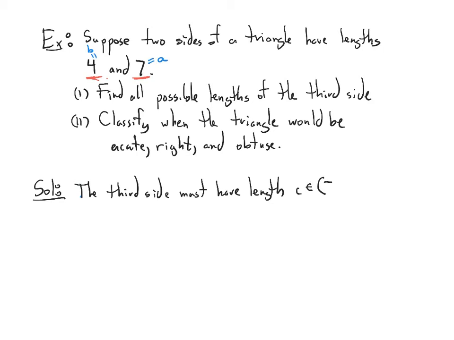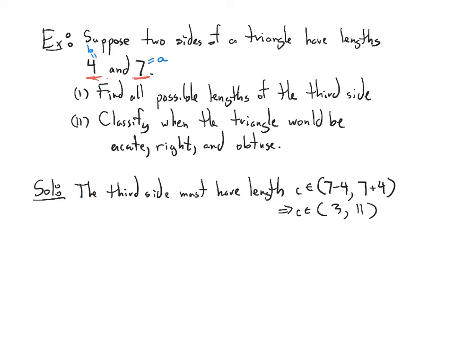It's in the interval from A minus B, 7 minus 4, to 7 plus 4, which simplifies to, of course, the interval from 3 to 11, since 7 minus 4 is 3 and 7 plus 4 is 11.